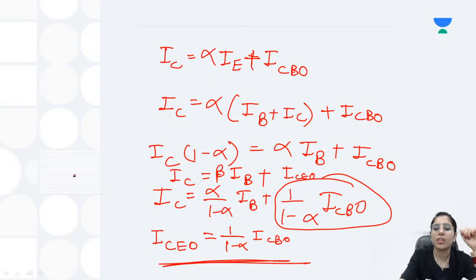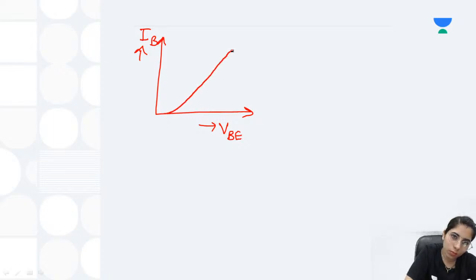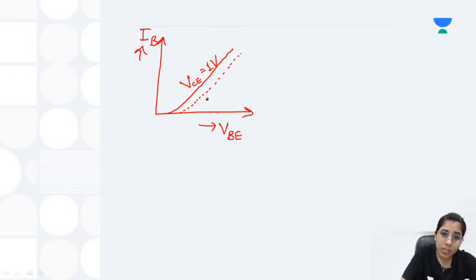And if everything is clear, I'm just going to show you what the input characteristic graph will be. That will be the graph between IB and VBE. You will keep VCE constant in this case.